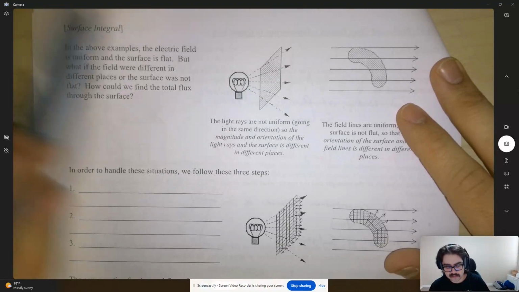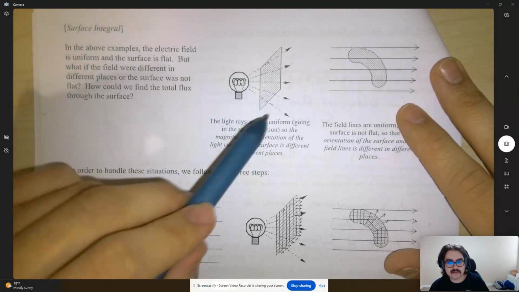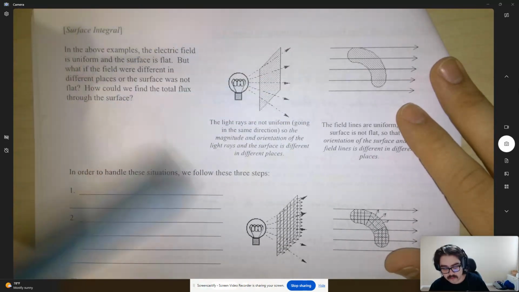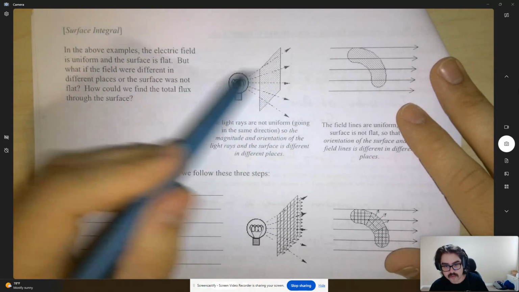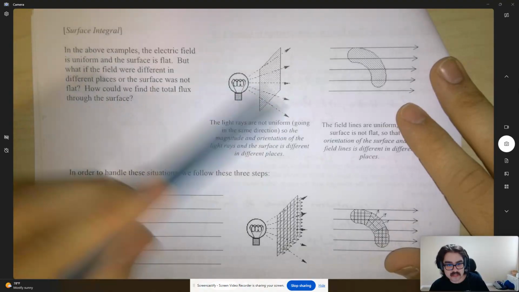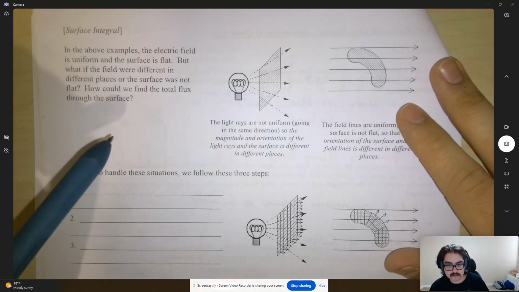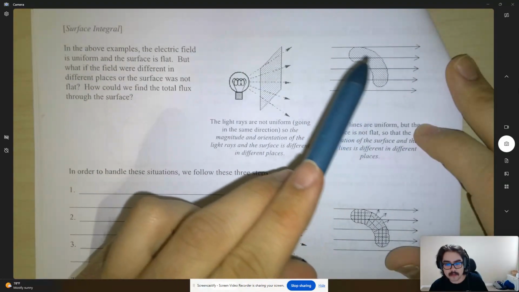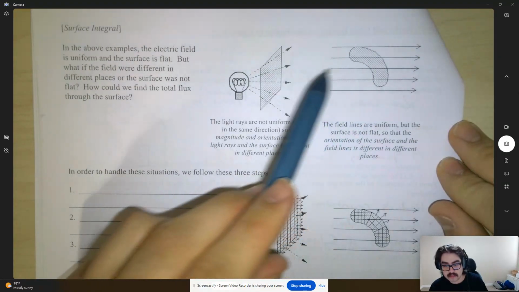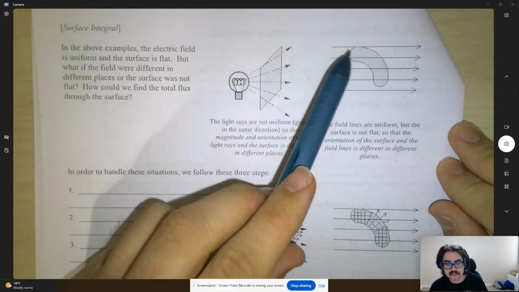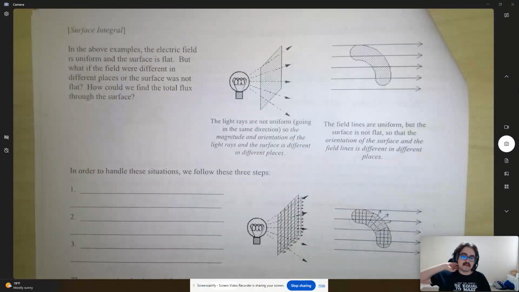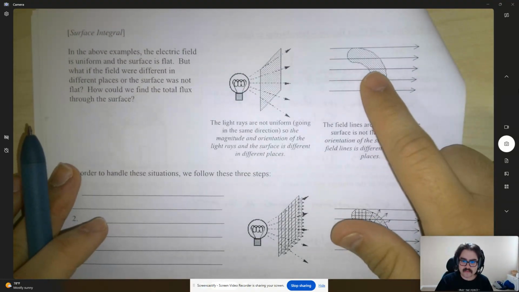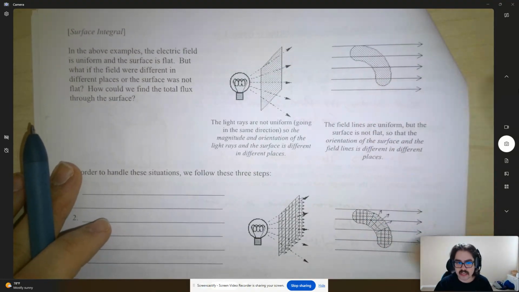However, in this case right here, the light rays are not uniform. They're not all going in the same direction, so there's a changing orientation as the light flows through the sheet. And here maybe we have a Cheeto puff or something. The field lines are all uniform, but the surface is not flat, so the orientation of the pieces and the A vector is going to change.